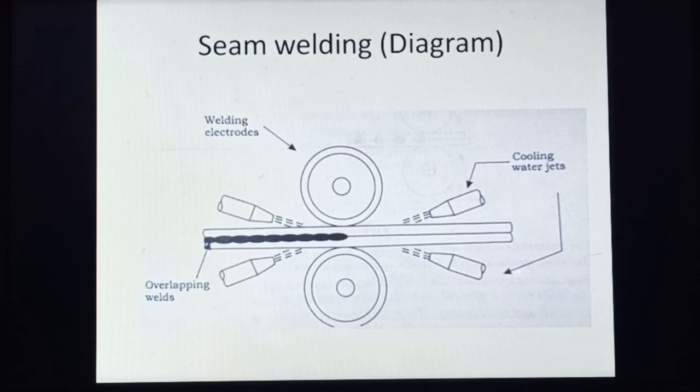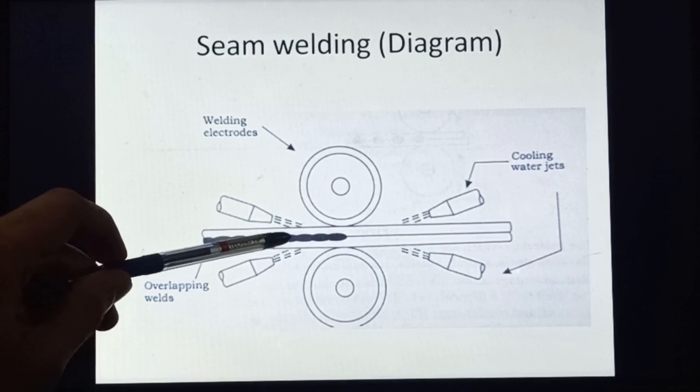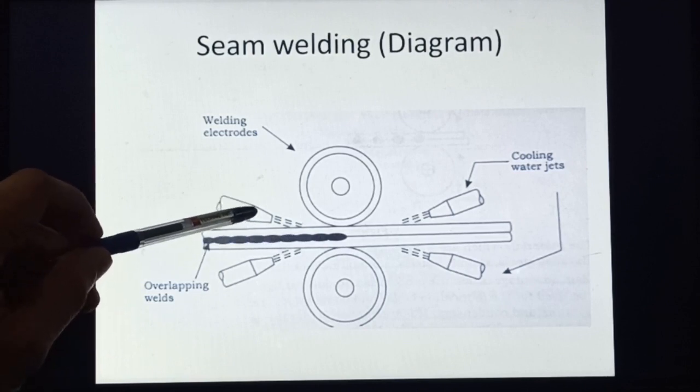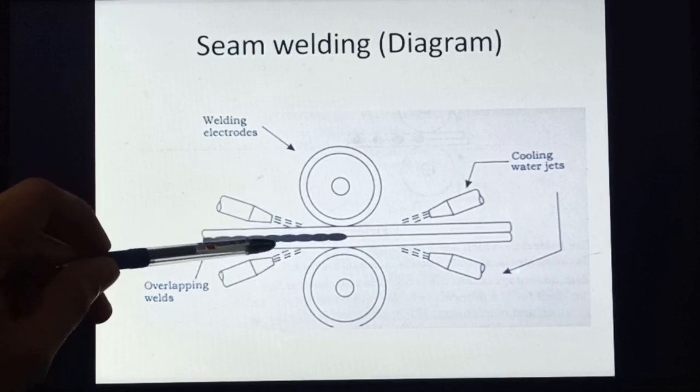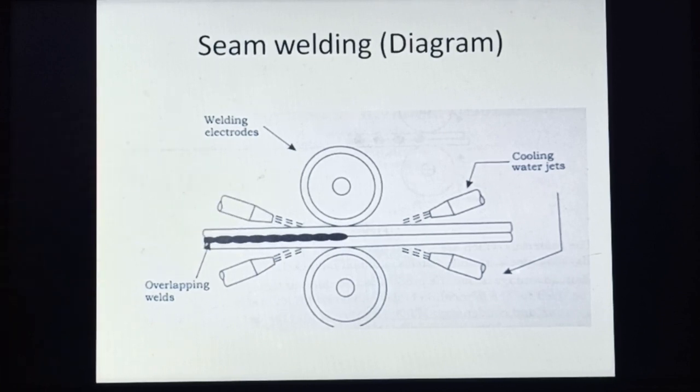The electrodes rotate along with the workpiece. Heat is generated between them, and due to that heat, overlapping welds are formed. After forming the weld, cooling water jets cool it so that we obtain continuous overlapping welds.